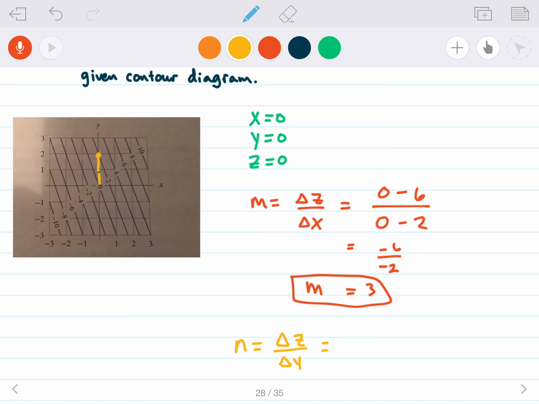So I started at z equals 0 and went up to z equals 2. I'm dividing that by starting from y equals 0, and I moved up to y equals 2 as well. The line that I'm on right here corresponds to this z, so that's why we landed on 2 for both of those. Now simplifying this, we just get a positive 1, so n is equal to positive 1.